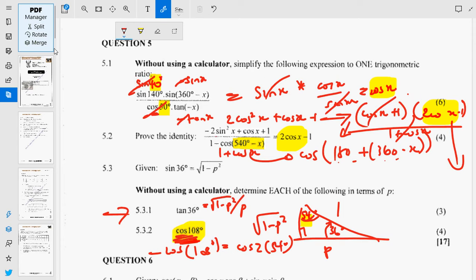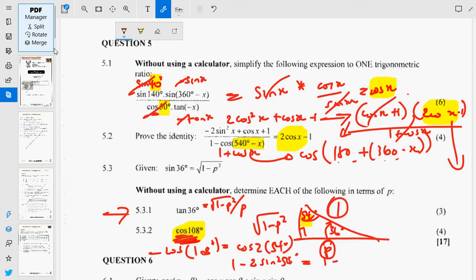You can use any of your formulas. I'm going to use the sine one because remember, sine is opposite over hypotenuse, and opposite is P, and hypotenuse is 1. So I'll just have P, so it will be neat and simple. So I'm going to have 1 minus 2 sine squared 54.